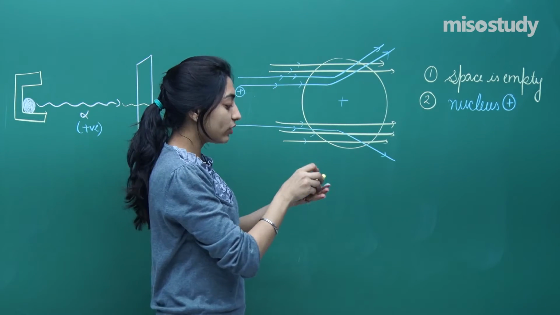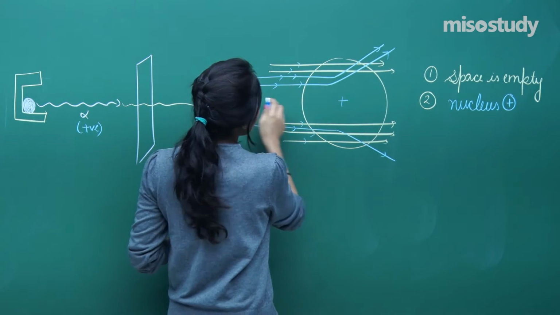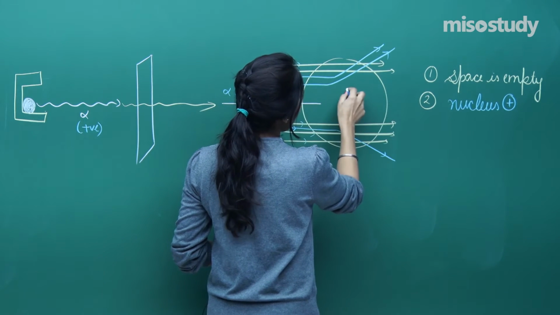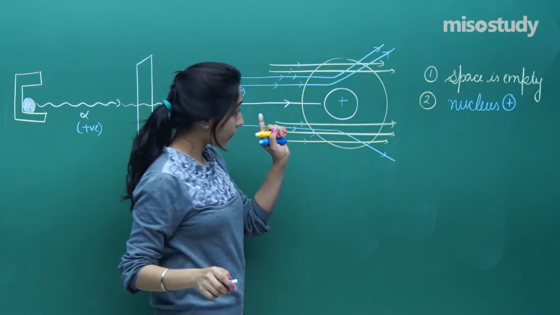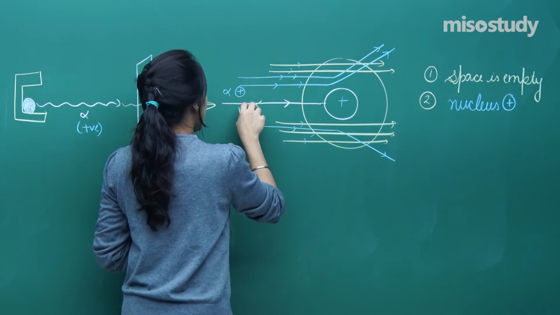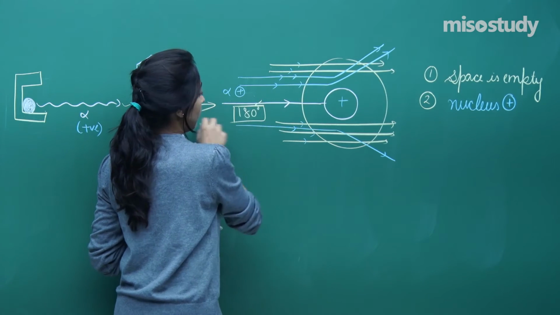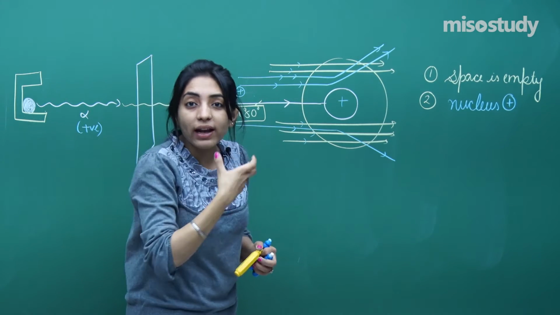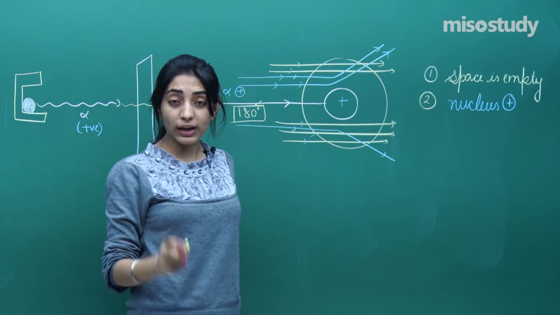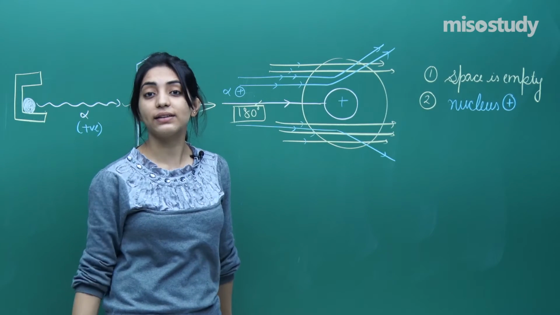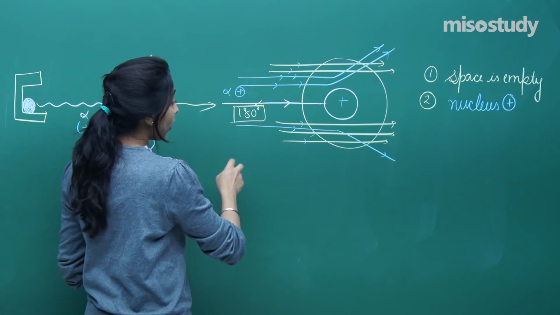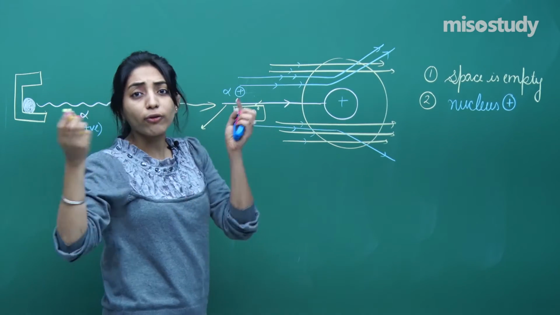The third observation said that when the alpha particles were moving in a straight line, only a few alpha particles were coming back by an angle of 180 degrees. Very few alpha particles were coming back at 180 degrees, like only 1 out of 20,000.